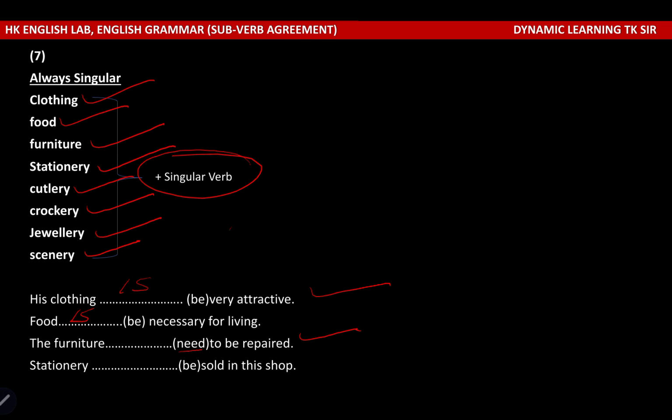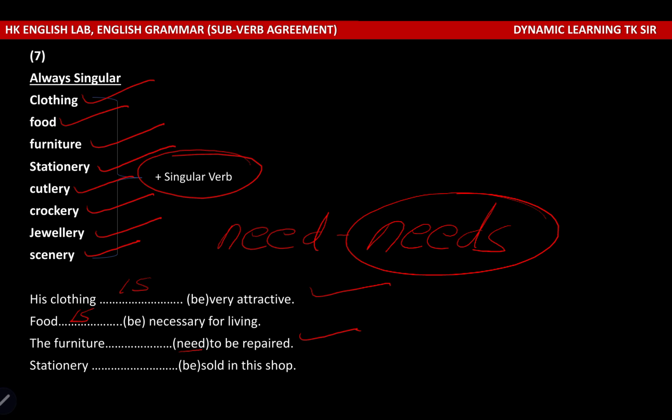The furniture need, and you have to use its singular form. That will be needs. Why is it so? Because the furniture is third person singular number, and it will take need with s. That will be needs. Okay. Stationery dash sold in this shop is sold. Got it, everyone?